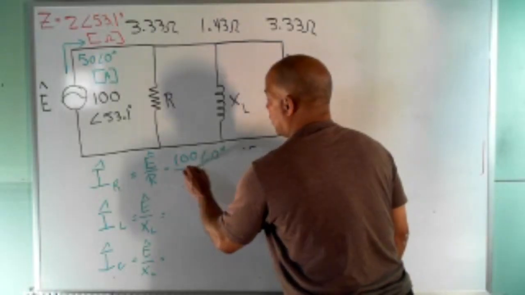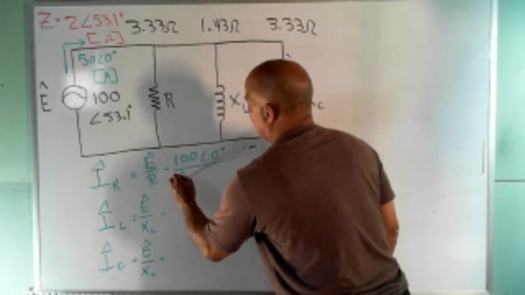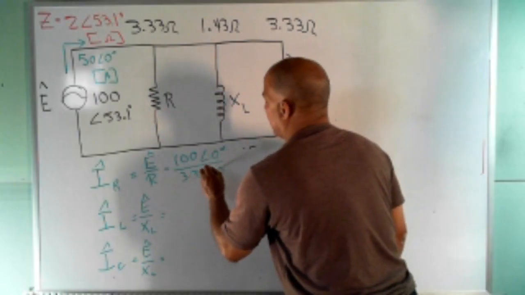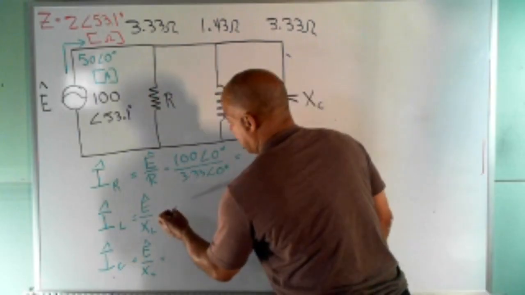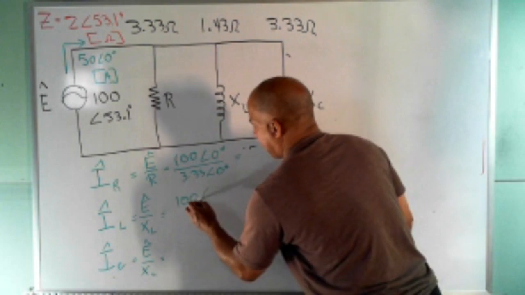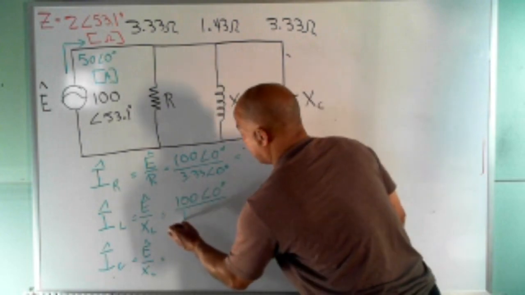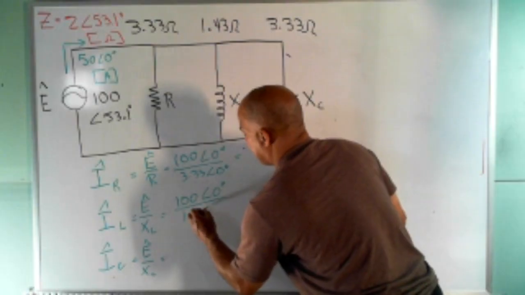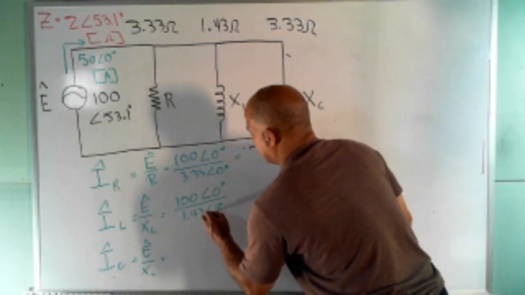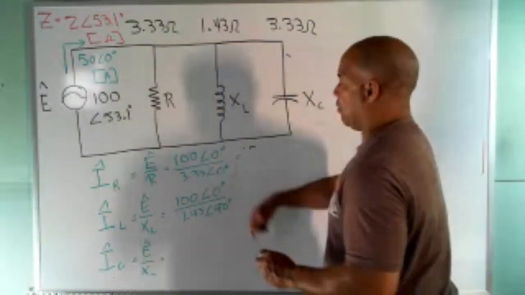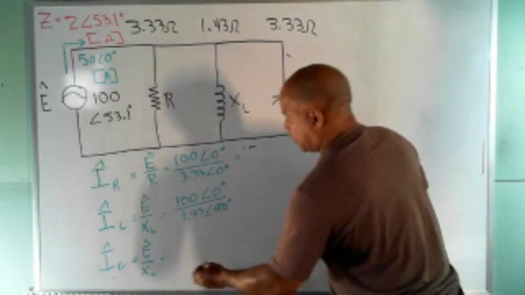0 degrees, R is 3.33 angle 0. And this is 100, 143, right? So positive 90. I'm leaving the units off, so you should write the units.